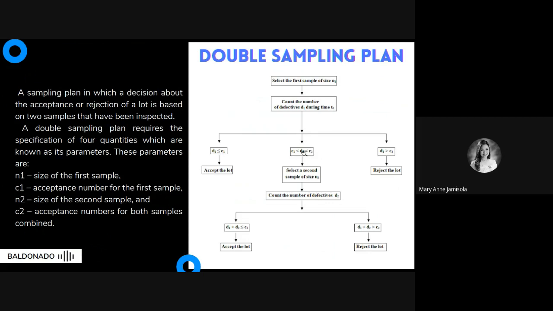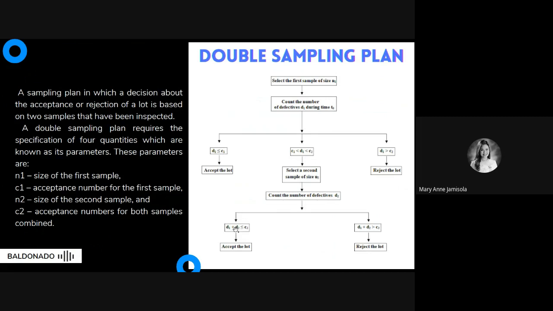So even if it is greater than C1, if it is less than C2, proceed to the next step, which is to select a second sample size. So again, do not immediately reject. You have to select another set of samples, and then count the number of defects in the second sample.